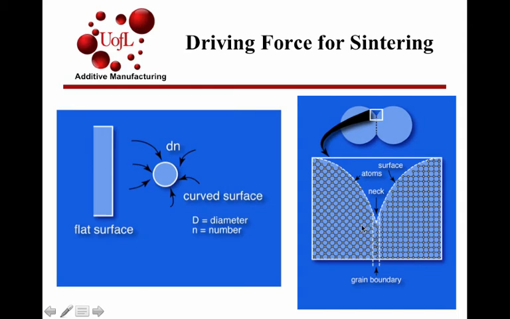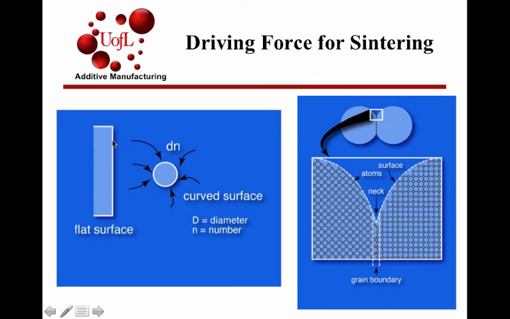And so the high surface energy associated with the existence of this curved surface provides the driving force for atoms to move from the surface of one powder and begin to form a neck region and bonds between the atoms of another surface. A lot of 3D printing is based on layer by layer processes.